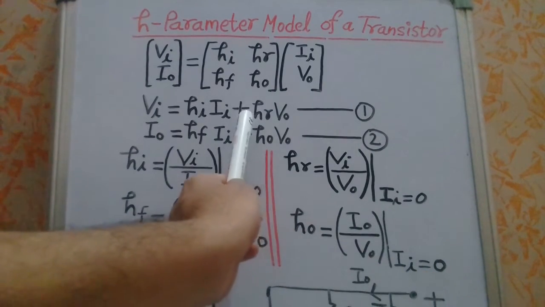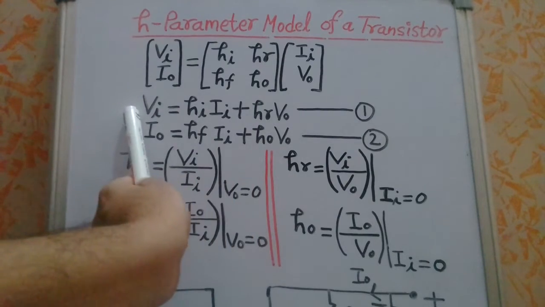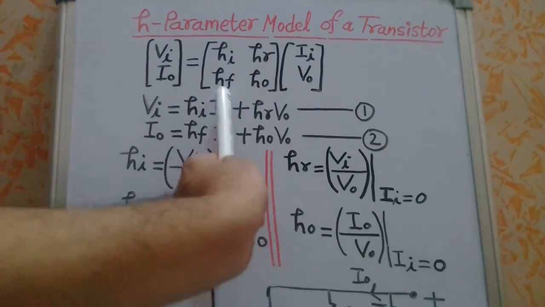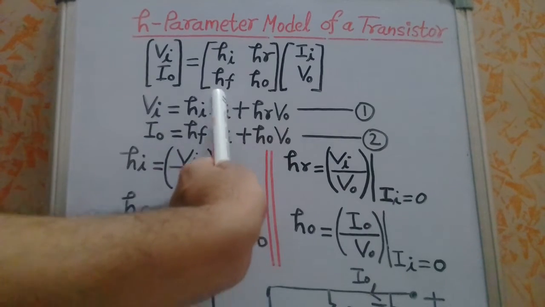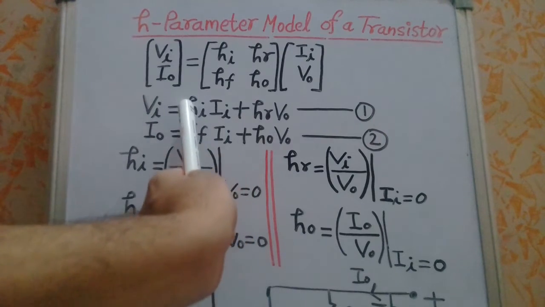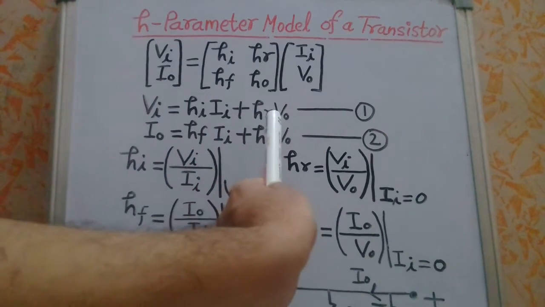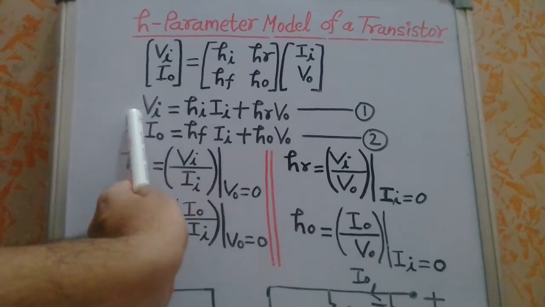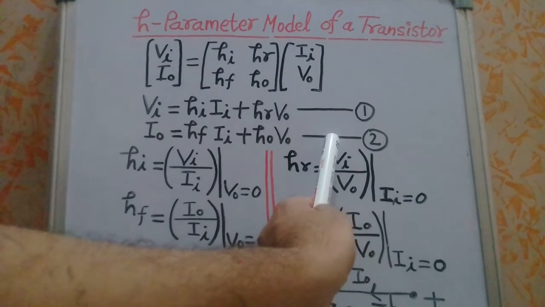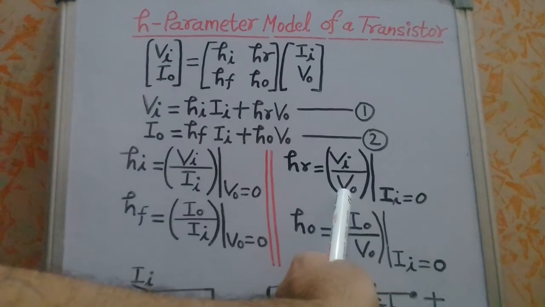In that case you will get HR is equal to VI by VO. Because II, that is input current, you are making input open, that means II is equal to 0, so this first term becomes 0. Finally you will get HR is equal to the ratio of VI to VO, input voltage to output voltage.